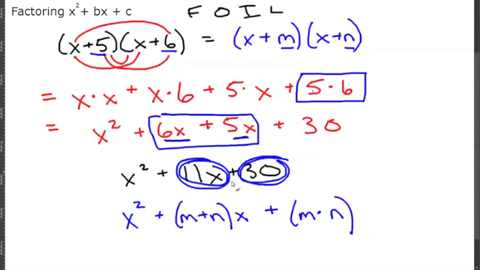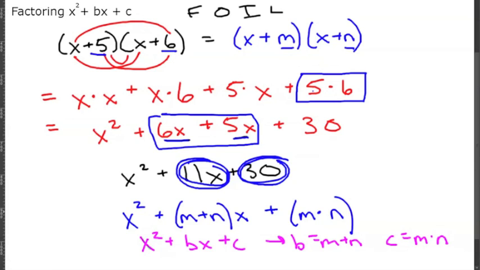In our case, it was the 5 plus 6 and the 5 times 6. x squared plus bx plus c, where b equals m plus n and c equals m times n.